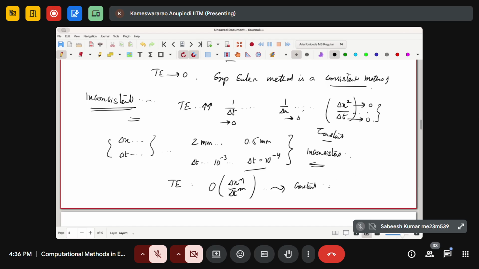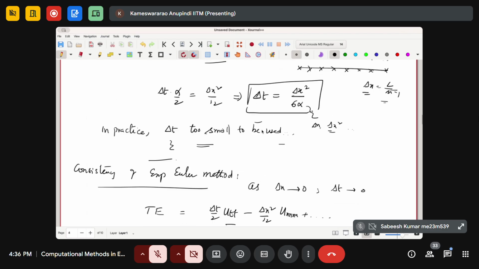When you have such an inconsistent scheme used in the discretization, this is very much possible. In fact, there are such schemes in the literature which were proposed. Although some of these schemes have good properties, they are inconsistent. So we should not be working with inconsistent schemes, because you would not know why the error is increasing when you are making your mesh and the time step smaller and smaller. So that is about consistency for the explicit Euler method.